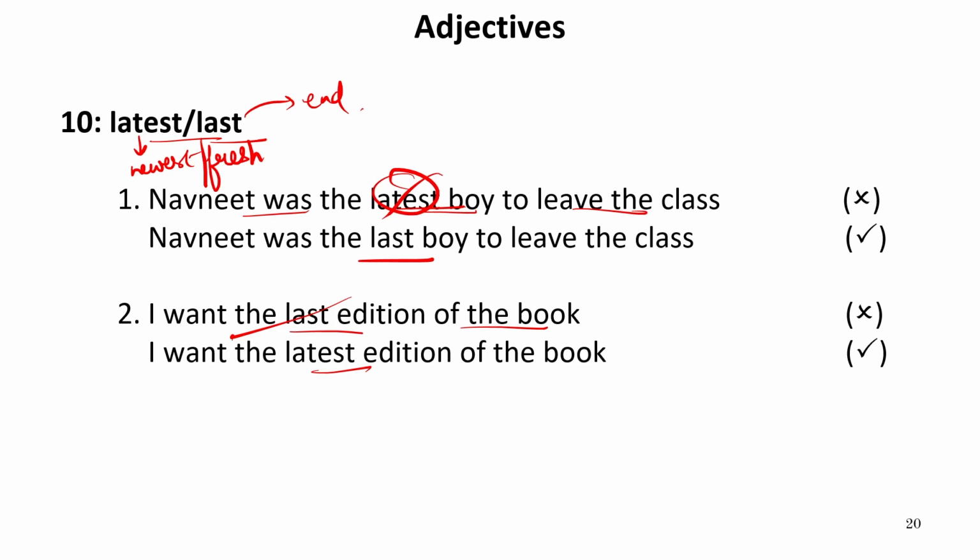For example, A, B, C, D, these are letters. So there is a difference between L-A-T-T-E-R latter and L-E-T-T-E-R letter as well. L-A-T-T-E-R latter is an adjective, whereas L-E-T-T-E-R letter is something else, which is a noun, of course. So there are several words, several adjectives which have different uses.